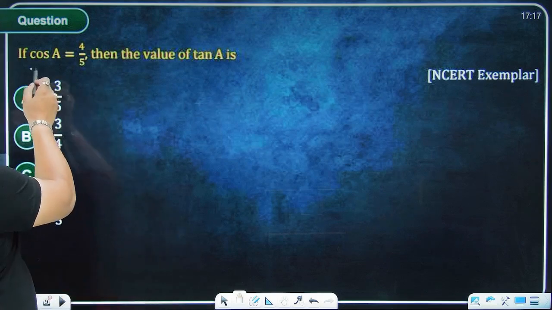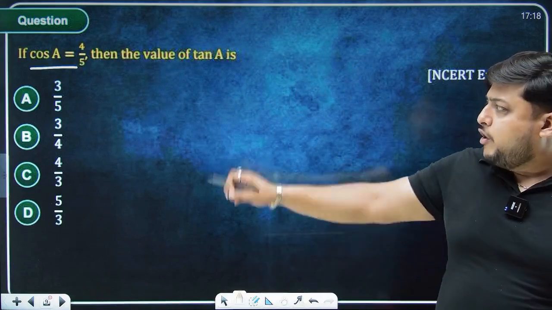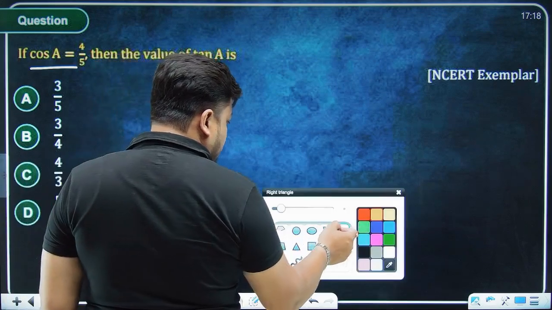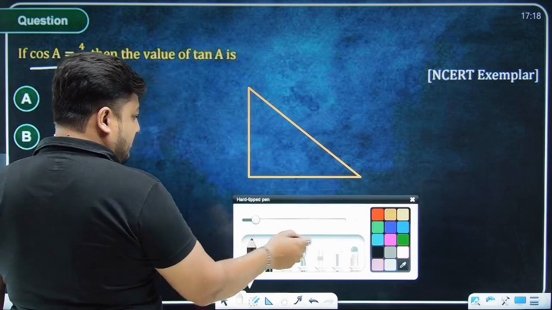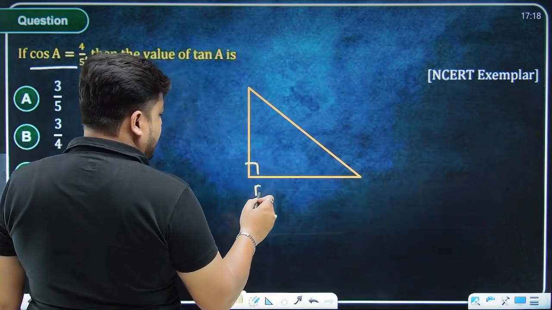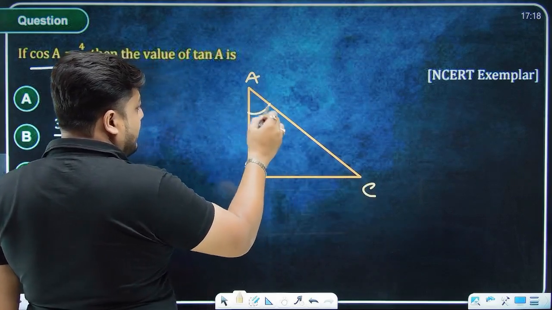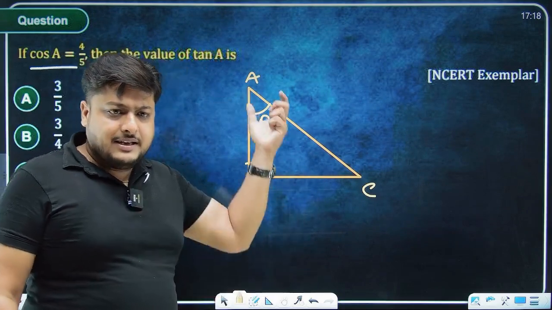That is, if cos A equals 4 upon 5, you have to find out the value of tan A. Again, we have to draw a beautiful triangle. Okay. So this is the triangle, and again we will write B here, A here, and C here. We have to take theta here only, the considered angle, because tan A is being asked.